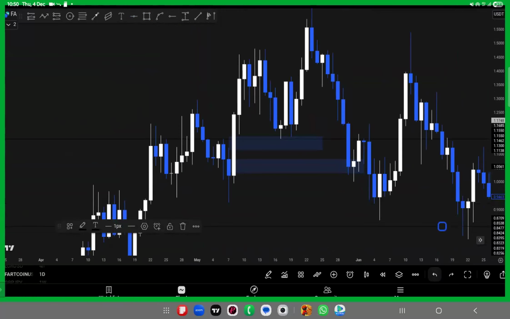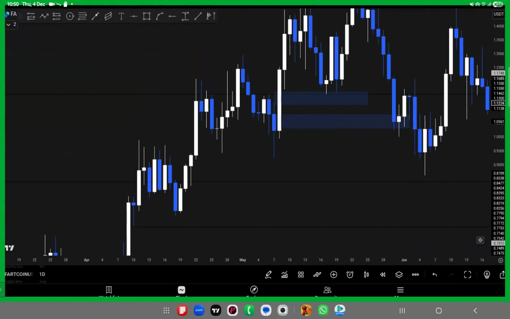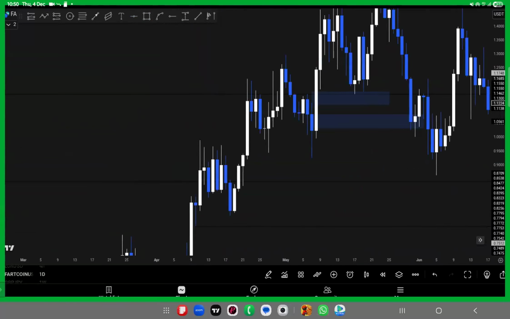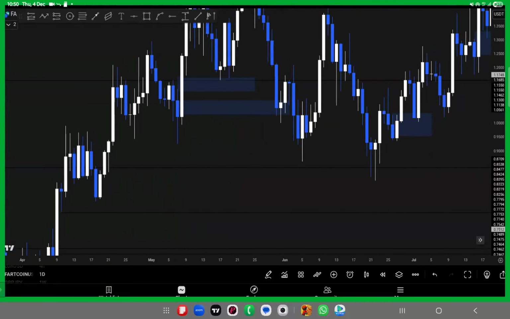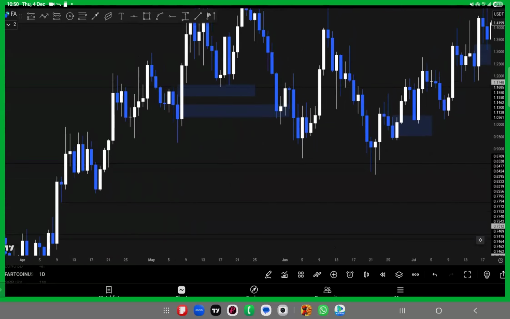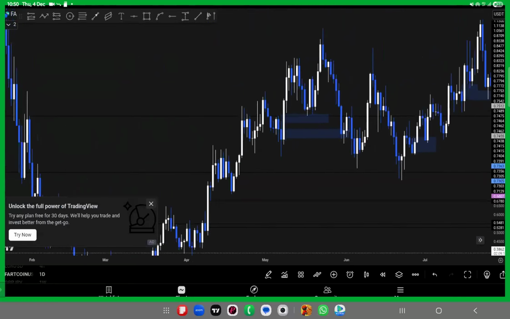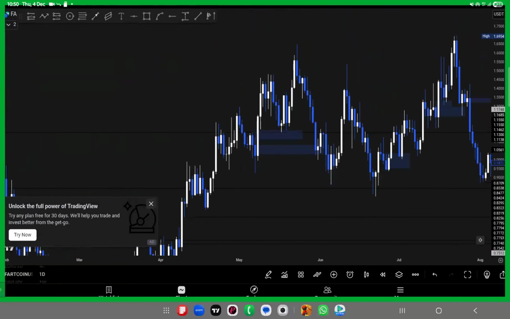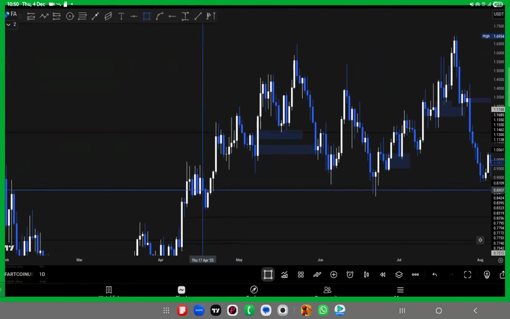You don't expect the market to come and start respecting demand zones where it's supposed to take out that particular low the demand zone is on to give you a lower low. This is a perfect demand zone.